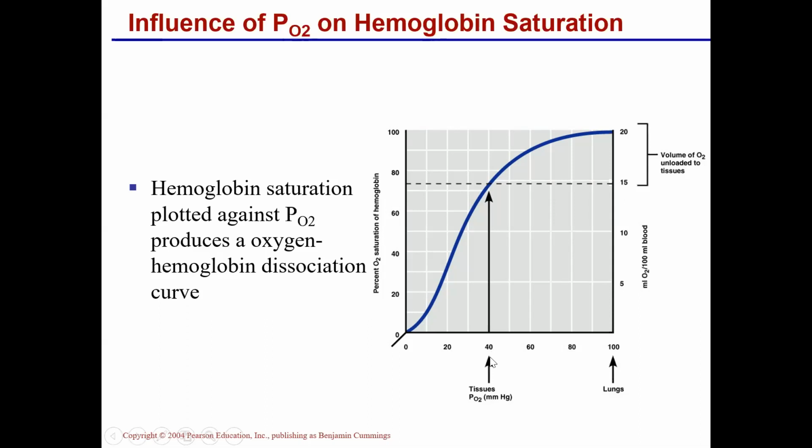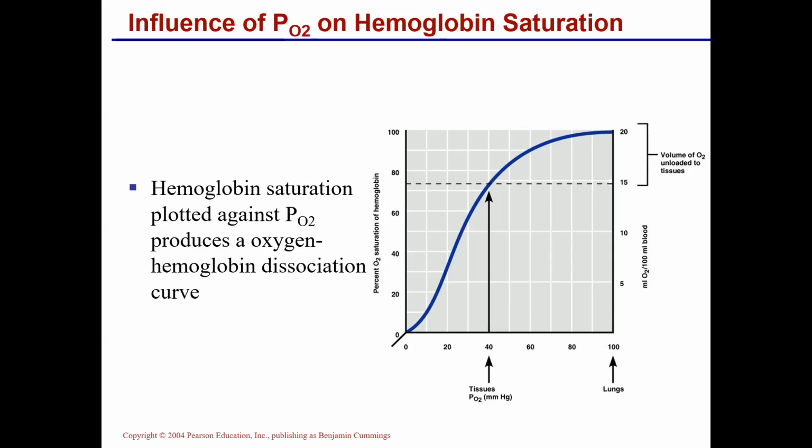At a partial pressure of 40, the hemoglobin saturation is around 70%. That means in the tissue area, 70% of the oxygen in the blood is still associated with the hemoglobin. This is what we call oxygen-poor blood.